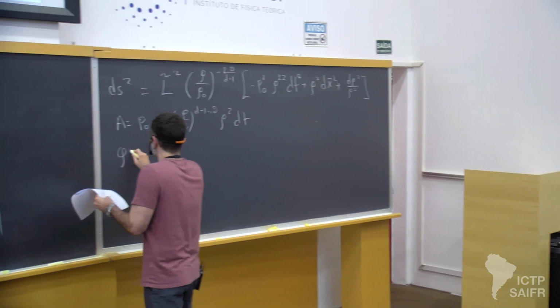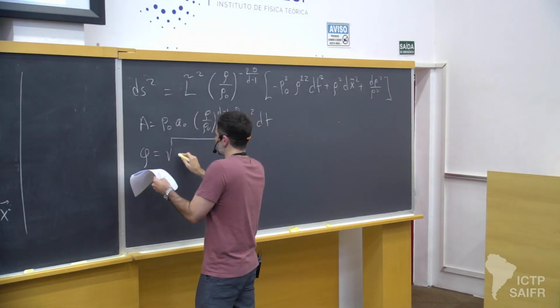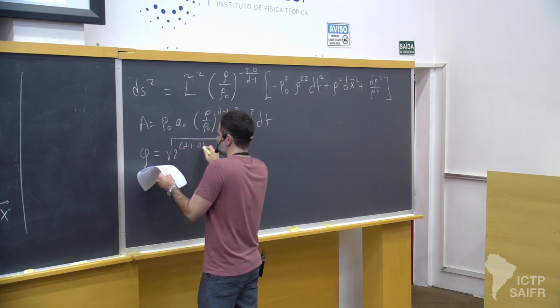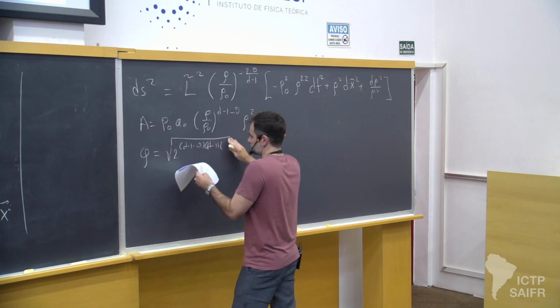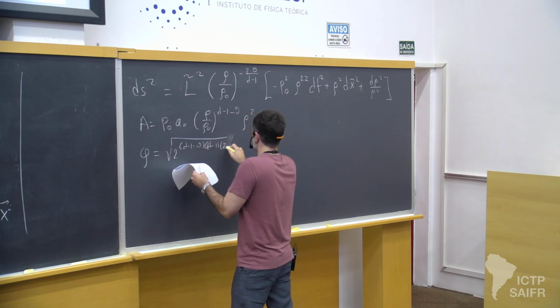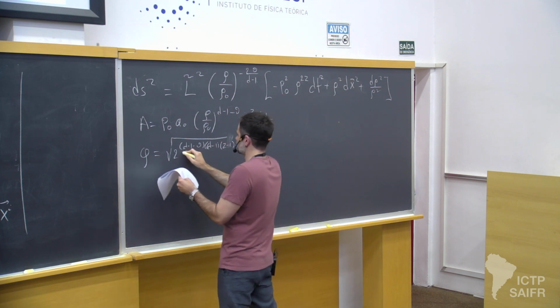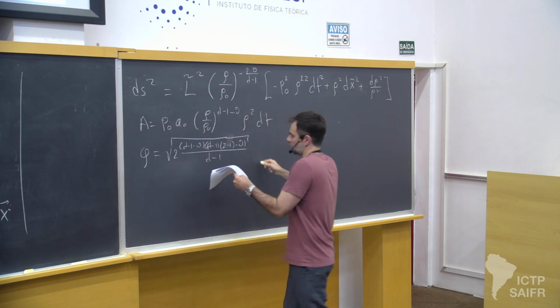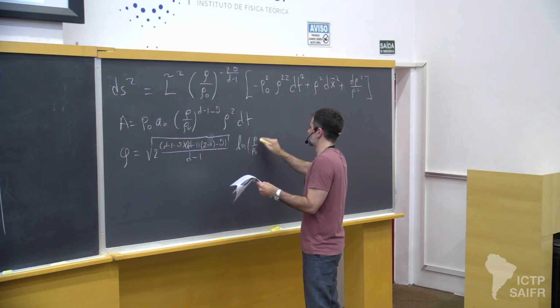And the scalar will have this dependence, 2 times the square root of (d minus 1)(z minus 1 minus theta over d minus 1), and then a log of rho over rho naught.